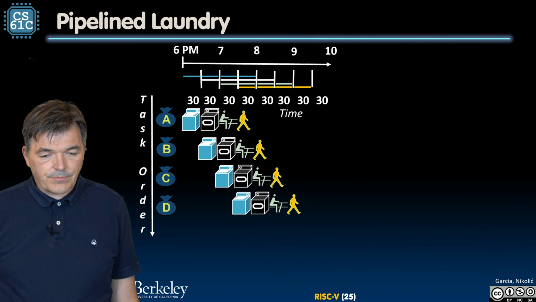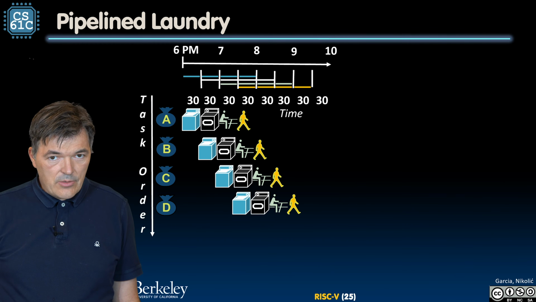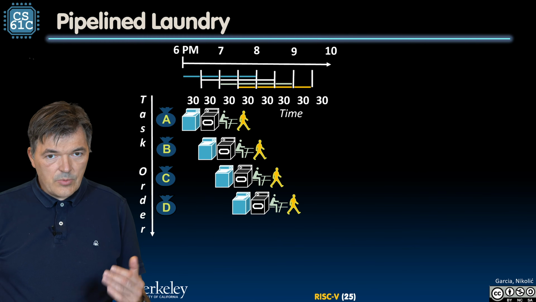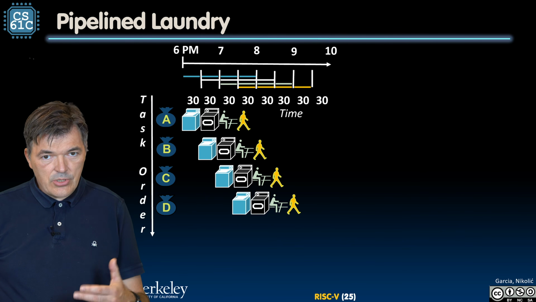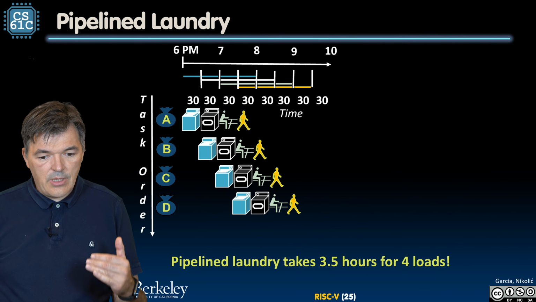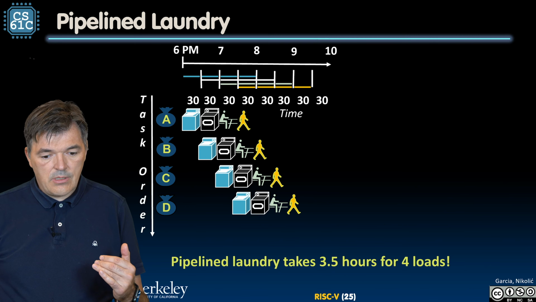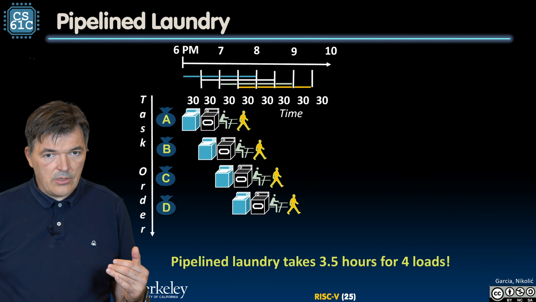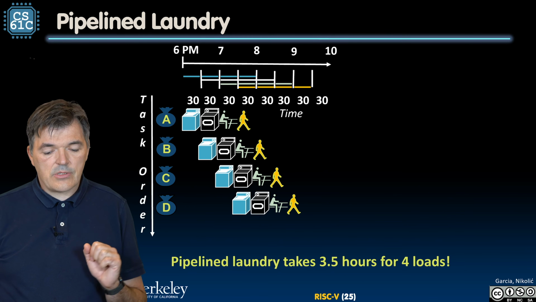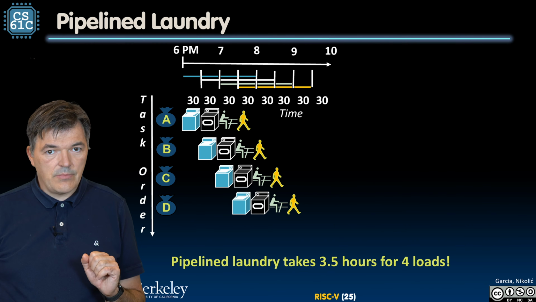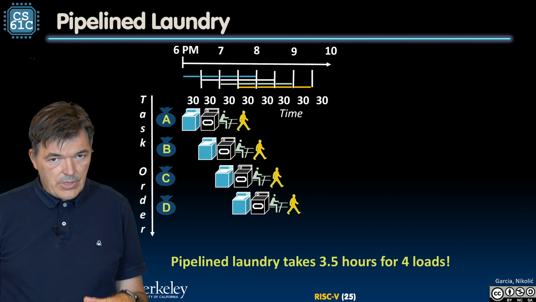All right. So there was a dramatic speed up that happened here. But let's just make sure that we understand exactly what happened. The speed up was, instead of 8 hours, it took us 3.5 hours for 4 loads. So that's pretty good.